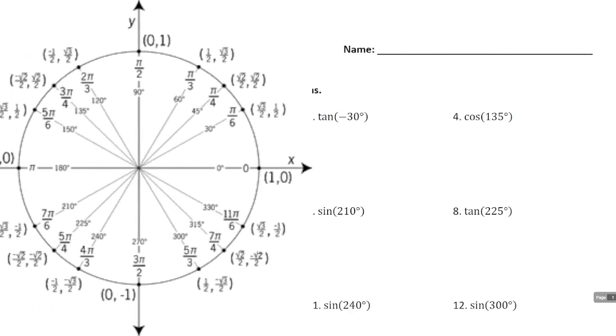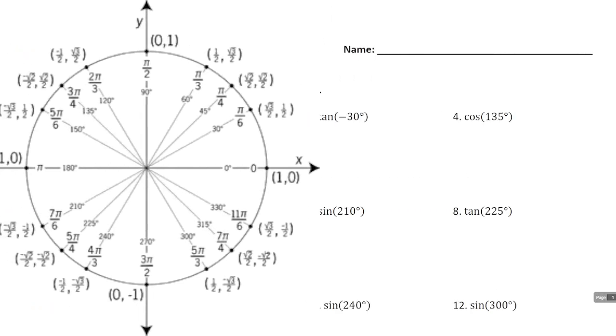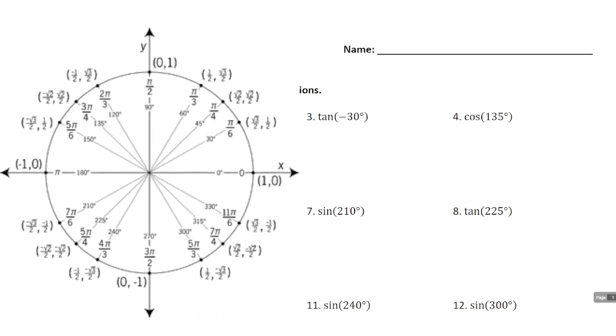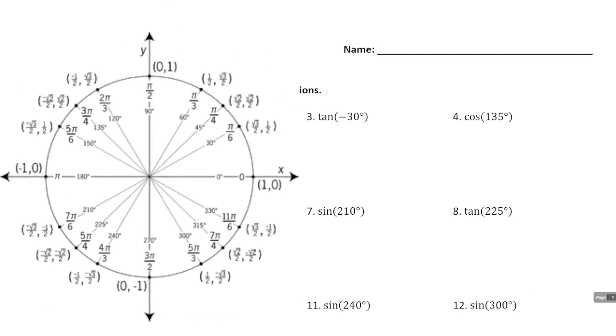Number three says tangent of negative 30 degrees. Now, negative 30 degrees, I don't see that on this unit circle. However, I do know that when I have a negative angle measure, that just means that I'm rotating in the clockwise direction. I'm sure y'all know that too. So if I rotate 30 degrees in the negative direction, that puts me at the same location as 330 degrees, which would be coterminal to negative 30.